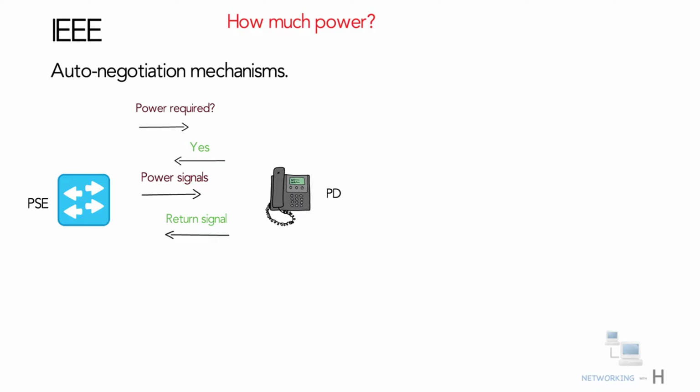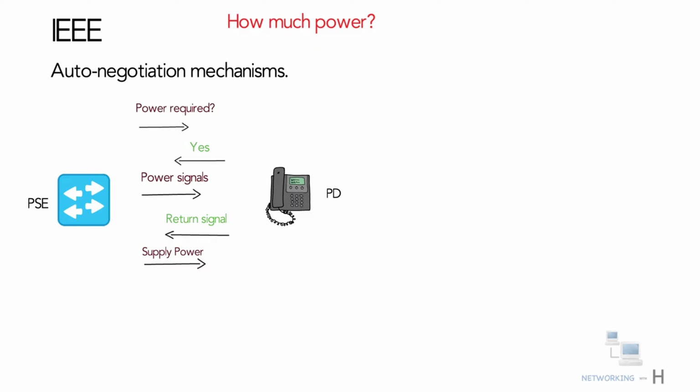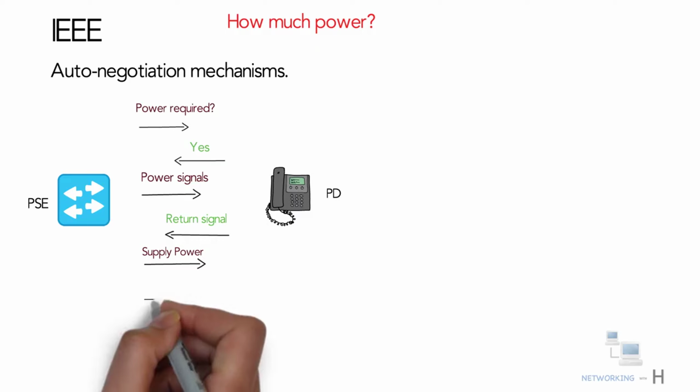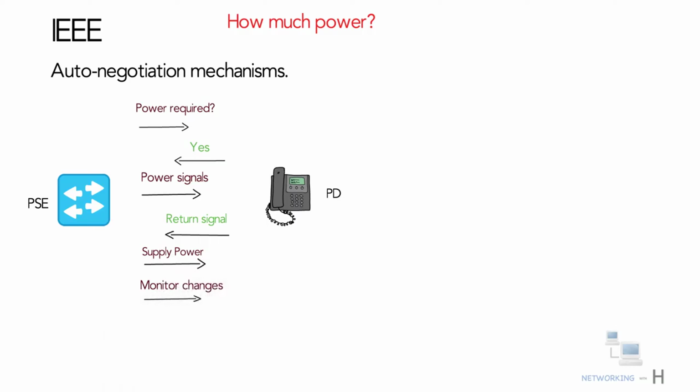If the device is identified as a PD, supply the power per the power class, which allows the device to boot. Monitor for changes to the power class, both with auto negotiation and by listening for CDP and LLDP messages from the PD. If a new power class is identified, adjust the power level per that class.